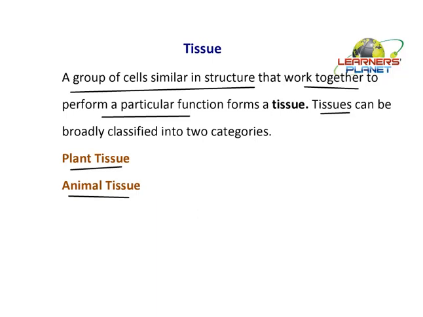This is the first base to explain why they need a different type of tissue organization to make a living functional system. And if we proceed, let us compare the plant and the animal tissues now.